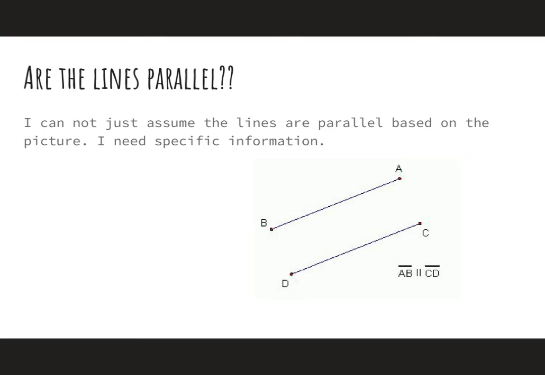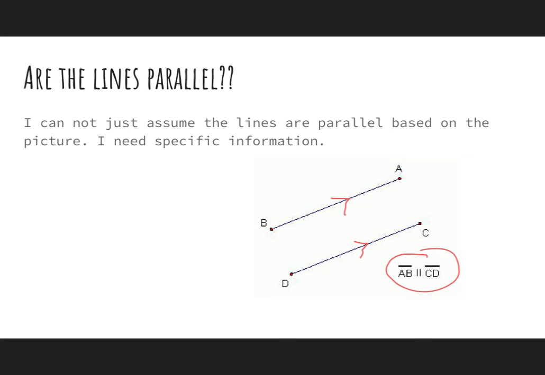We cannot assume these lines are parallel unless we are told, hey, AB is parallel to CD, or if you have a notation on your diagram with two arrows saying, yep, these two lines are parallel. So if I'm given a notation or I'm told lines are parallel, then I can safely use the idea of parallel lines.